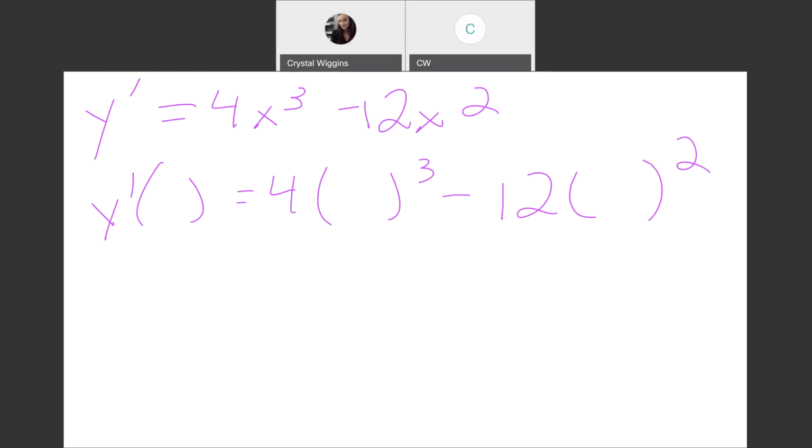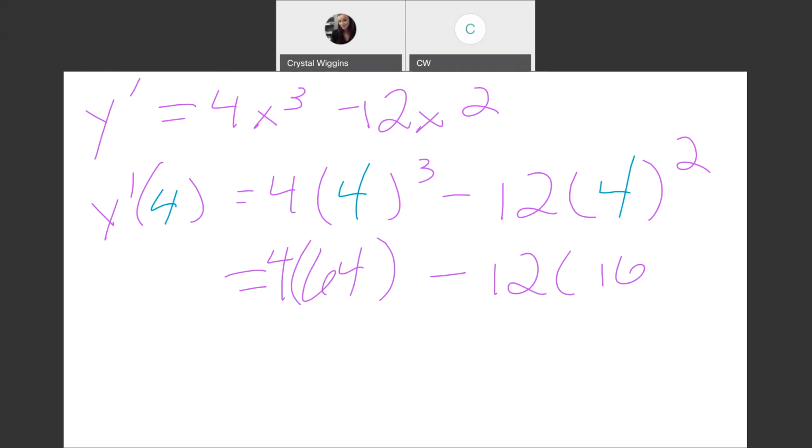That's the test point that's to the right of the critical value of 3. So let's put +4 in here and see what we produce. 4 cubed is a much bigger number. So we have 4 cubed, which gives us 64. We still have to multiply that by 4. We have 4 squared, which is 16.